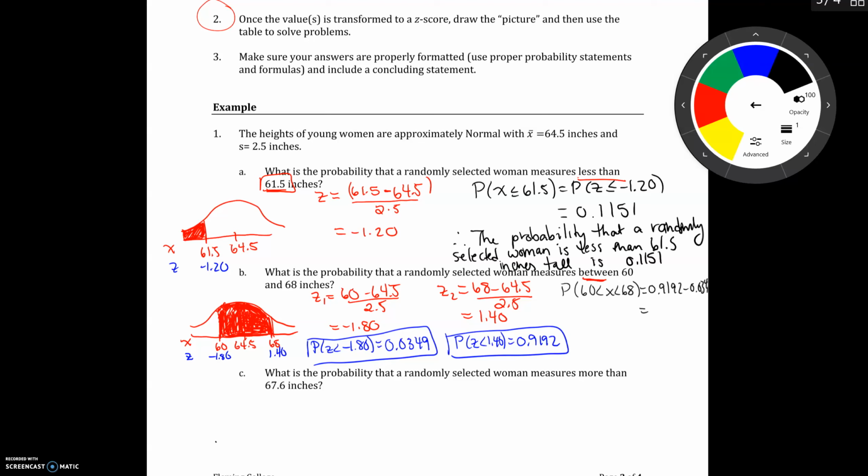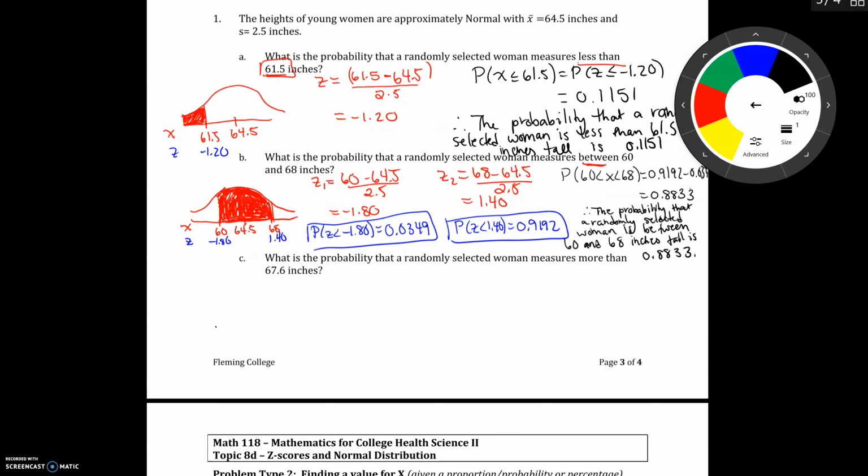When we do that subtraction, it comes out to 0.8833. And so we can write a therefore statement summarizing our results. Therefore, the probability that a randomly selected woman is between 60 and 68 inches tall is 0.8833.